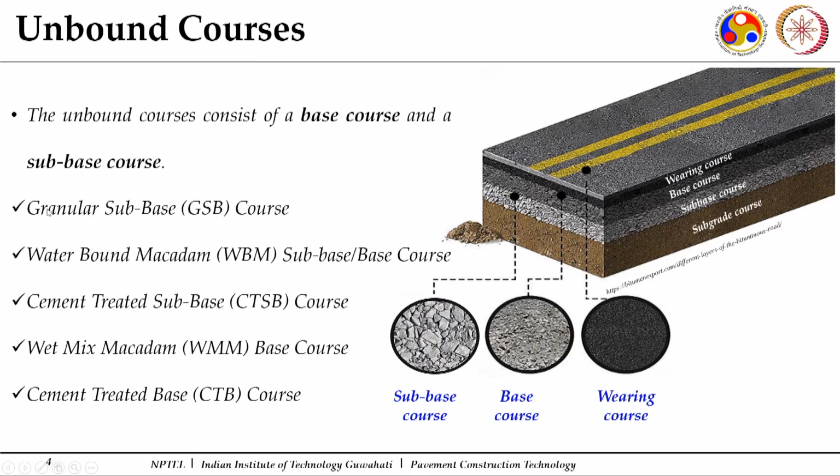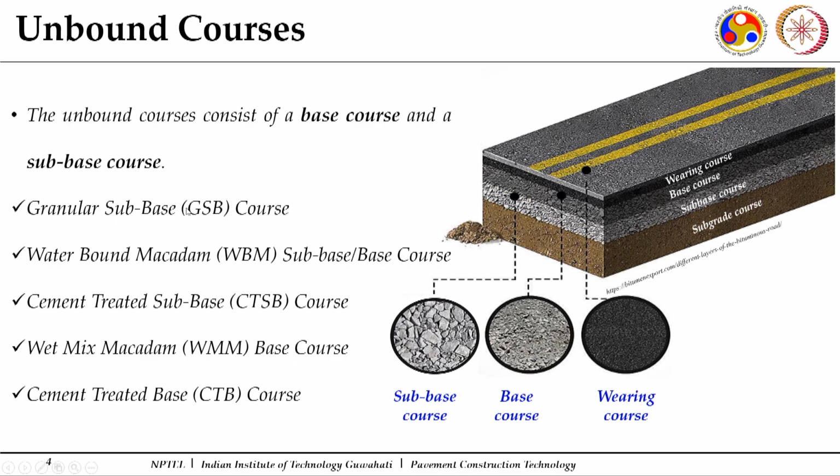Now, under the Unbound courses, especially covering the sub-base and the base courses, the major courses which we discussed in the previous lecture also, there are 5 different categories under which it can be clubbed up. The first one is, immediately above the subgrade, the granular sub-base course.